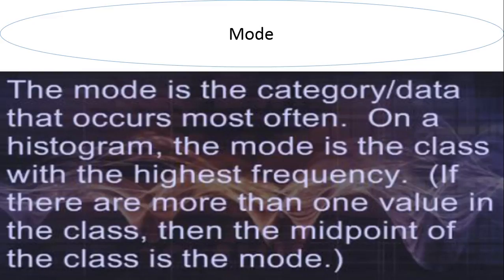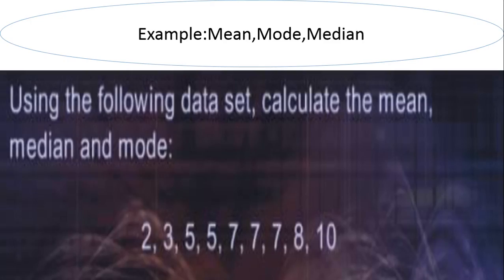So we can show an example in order to illustrate how to compute the mean, mode, and median using the following data set: calculate the mean, median, and mode. So we have a sequence of numbers: 2, 3, 5, 5, 7, 7, 7, 8, 10. We will show you how to compute the mean, mode, and median.